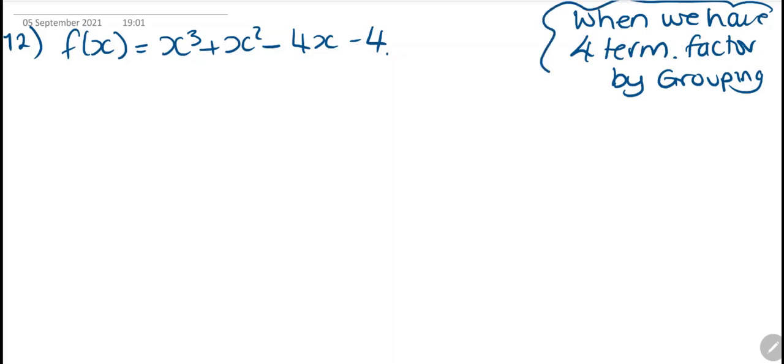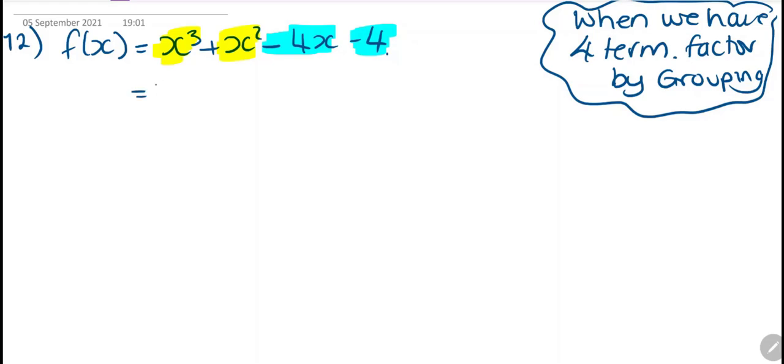So let's have a look at what we can do here. We can see that we have an x squared and an x cubed, and we have a minus 4x and a minus 4. So we're going to factor by grouping, and we'll factor by x squared.